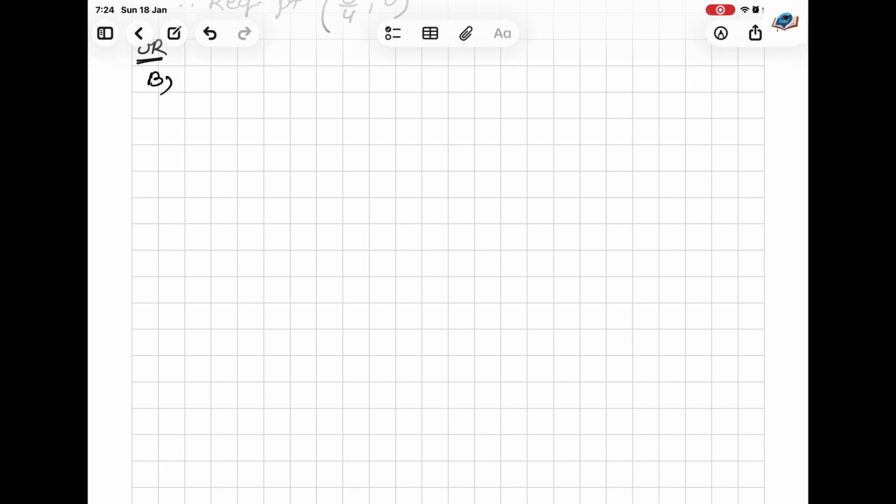So here I have to use the section formula. So let us write first the details which are given. Coordinates of point S dividing PQ in ratio 2:3.